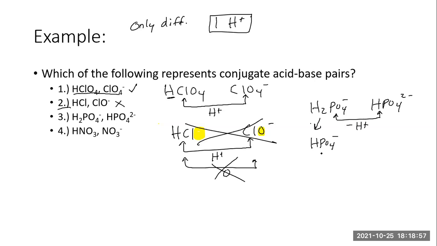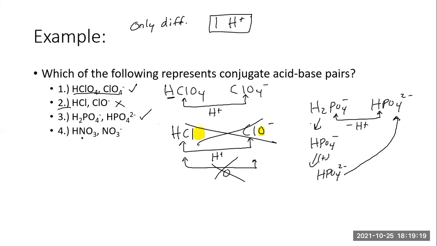And if I take the plus off of it, I become one more negative, which would be HPO4 2 minus, which is the same thing that I see over here. So these two guys are related to each other, and they would be a conjugate acid base pair.